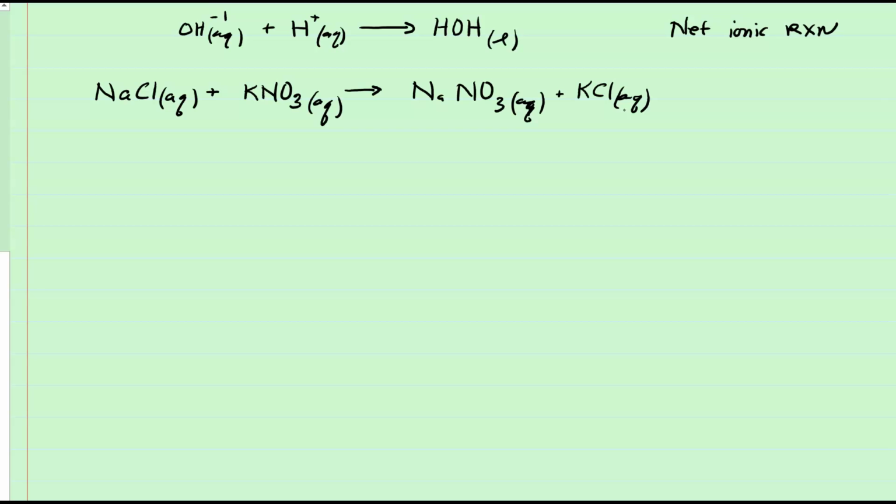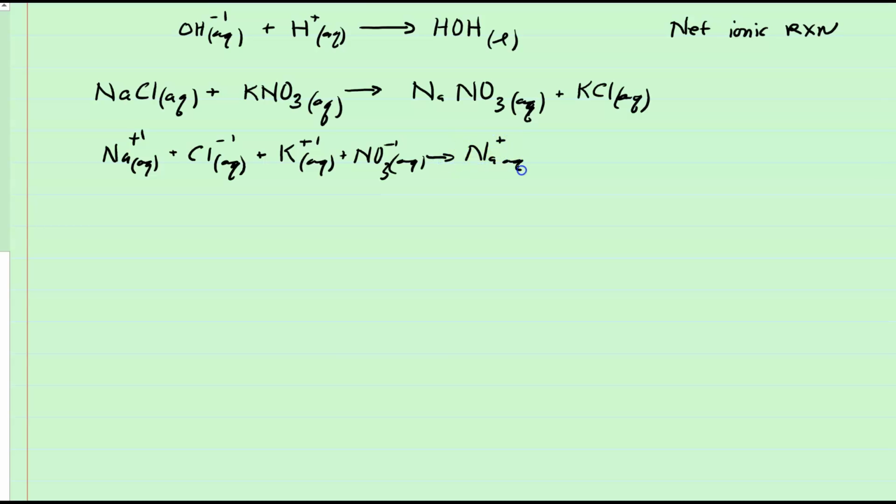Now, if you examine the solubilities of each of these, this, of course, is sodium ions plus chloride ions when dissolved in water, and then added to that would be potassium ions plus nitrate ions to yield sodium ions plus nitrate ions plus potassium ions plus chloride ions.